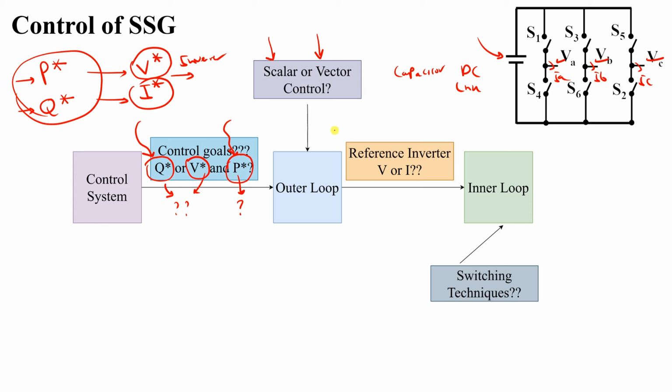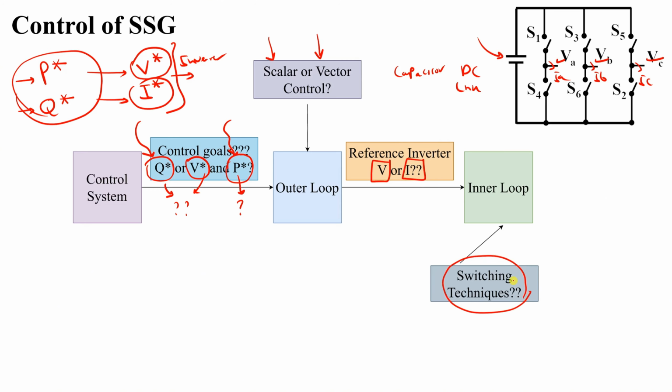Now how can I achieve these values of voltage and current? It can be reference voltage or reference current, depending on the switching technique which we are going to use.